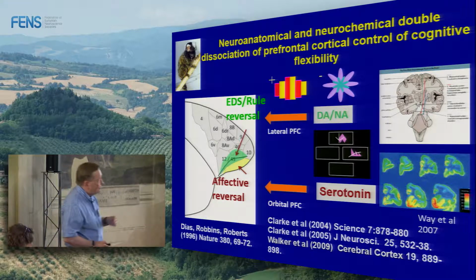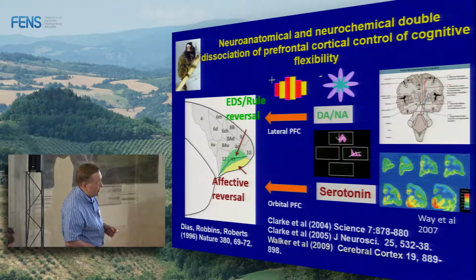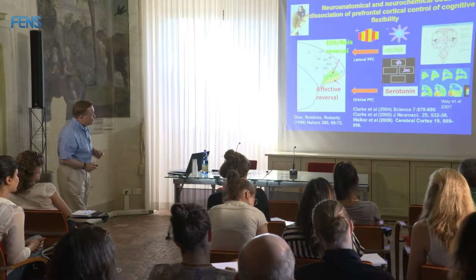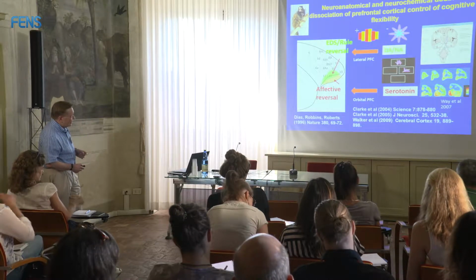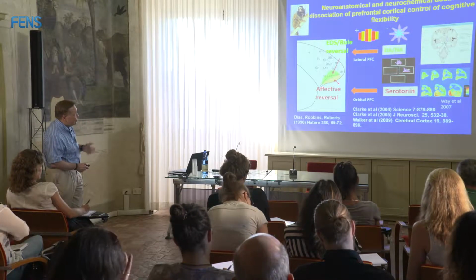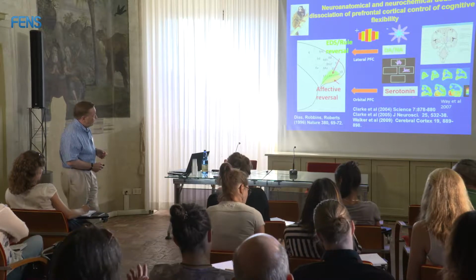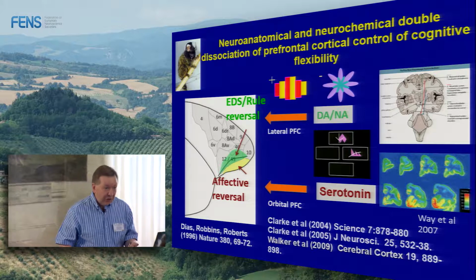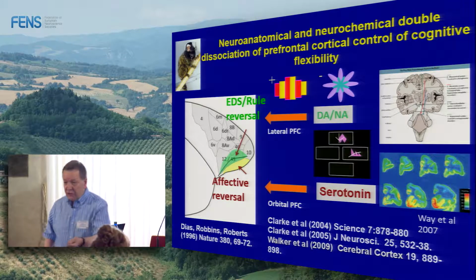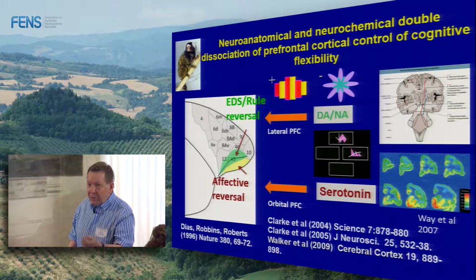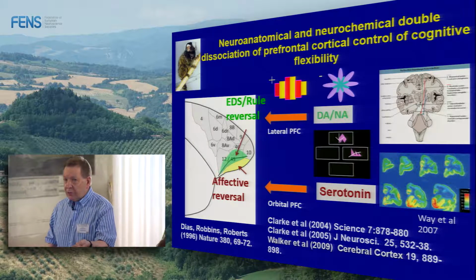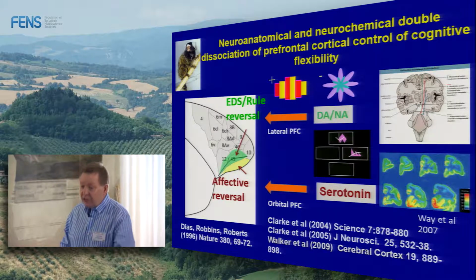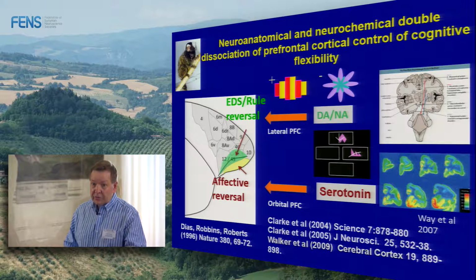What's very interesting from our perspective is that, remember, serotonin is very dense in these ventral regions. Well, when we manipulated serotonin in these areas, we reduced it with a neurotoxin, we found these animals were very perseverative. They were inflexible. So when they were punished for repeatedly choosing what was previously rewarded but is now punished, they continued inappropriately to do so.